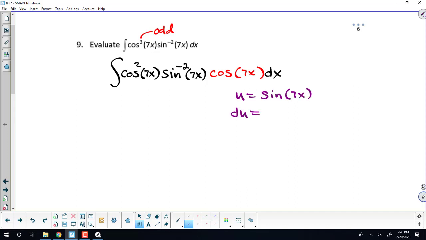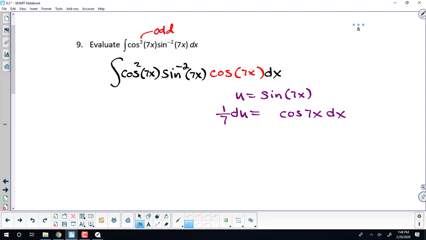Du is what? 7 cosine 7x, because of the derivative. We don't have a 7 cosine, so we'll put the 1/7 with the du.